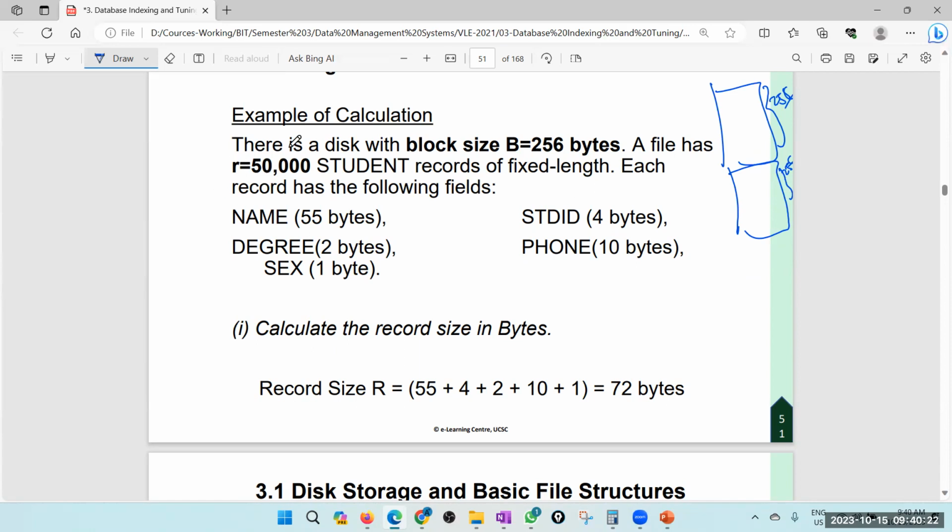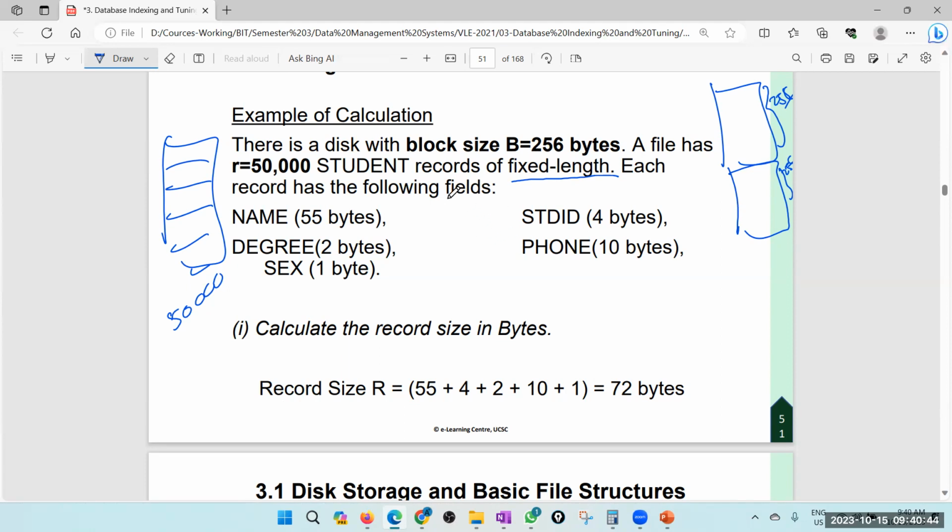The file has 50,000 records, so the number of records is 50,000. And it's fixed length. Usually you can always assume fixed length unless they mention otherwise. Usually they give only fixed length questions.